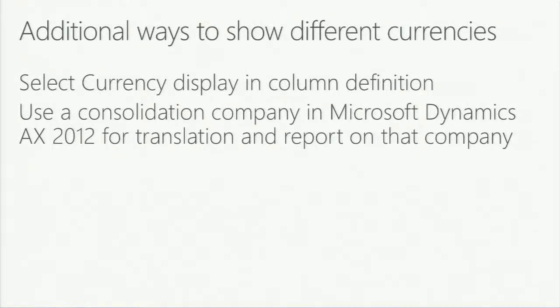So as I mentioned, select that currency display in the column definition, and again, you can use that consolidation company for translation and then report on that company as well.